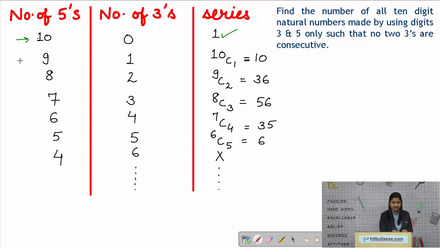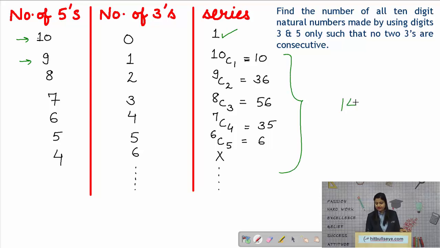Then we will take the second case where the number of 5s is 9 and there is only one 3. So 3 can occupy any of the 10 places. That's why there are 10 numbers possible. If we keep on going in such a manner, we will have many cases, and by adding all of them, we will get 144 as the answer.